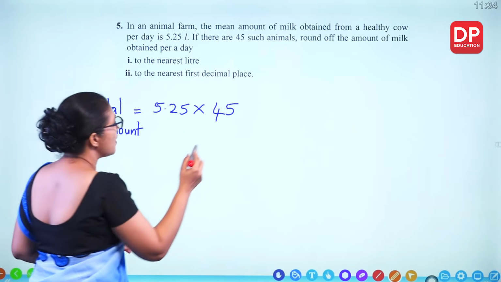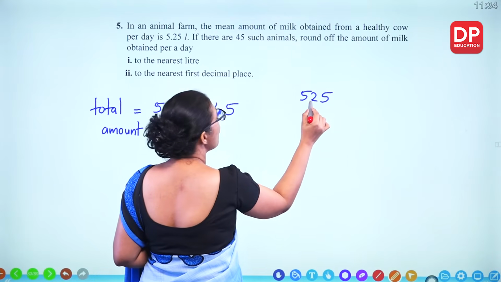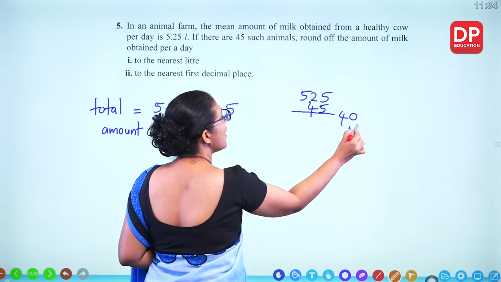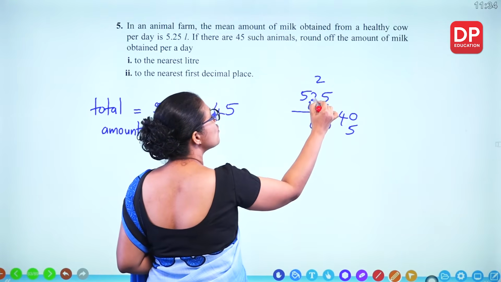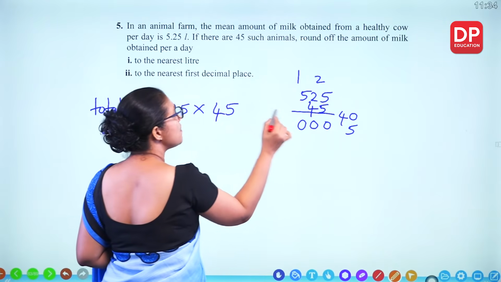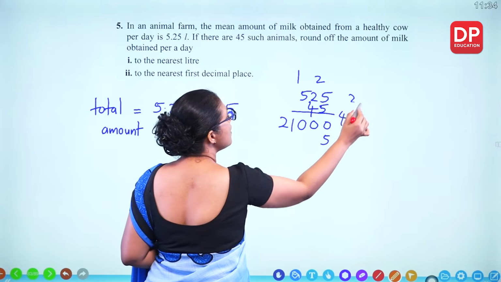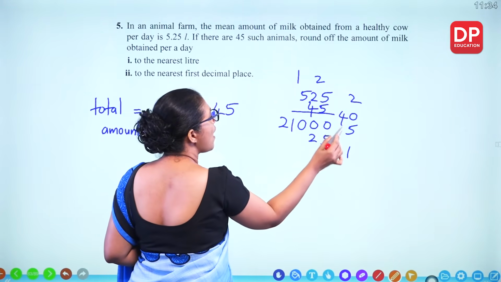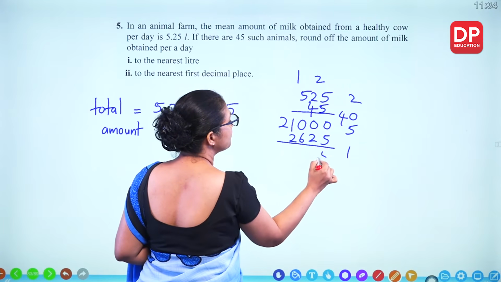So we can just multiply 525 by 45 first. 40 and 5. 4 times 5, 20. 4 times 2, 8 plus 2, 10. 4 times 5, 20 plus 1, 21. 5 times 5, 25. 5 times 2, 10 plus 2, 12. 5 times 5, 25 plus 1, 26.